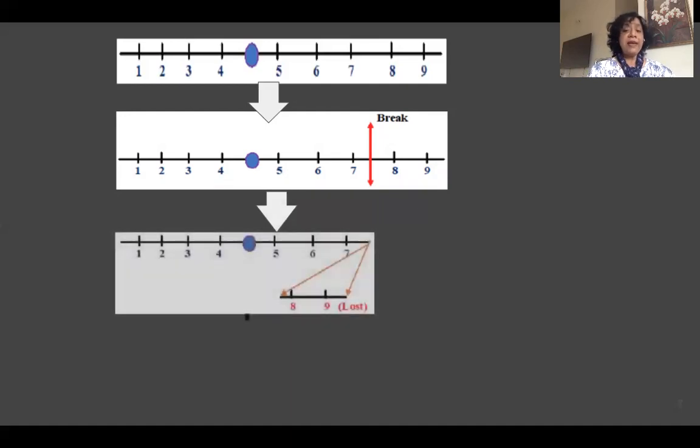Because of the break, the small segment which is carrying the genes 8 and 9 is lost. So in the third diagram, after the 7th gene, the small segment is drawn below, represented with the genes 8 and 9, and beside that is written: lost. Lost because the centromere is not present.